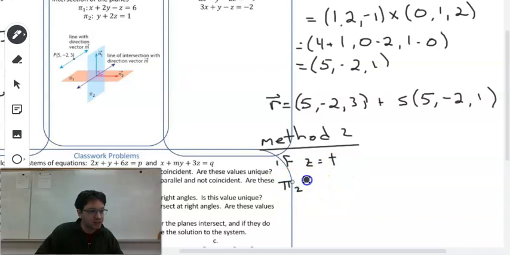The second equation, we would have Y plus 2T equals 1. Solving for Y, we just get Y equals 1 minus 2T.